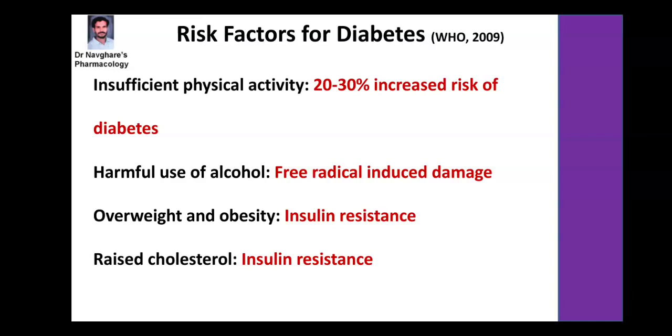Third risk factor is obesity or overweight. So obesity increases the chances of insulin resistance. Last is cholesterol level, that is increase in cholesterol. It is also a risk factor for diabetes as it causes insulin resistance.